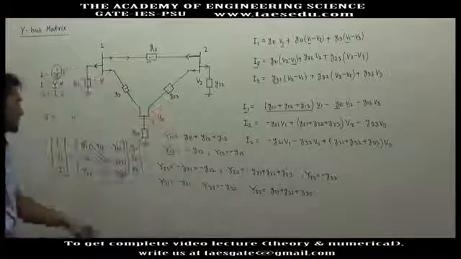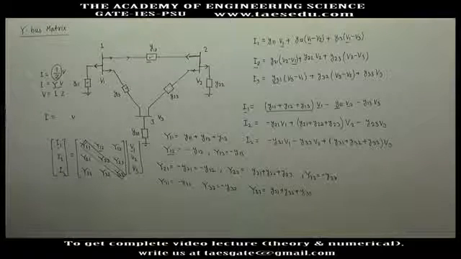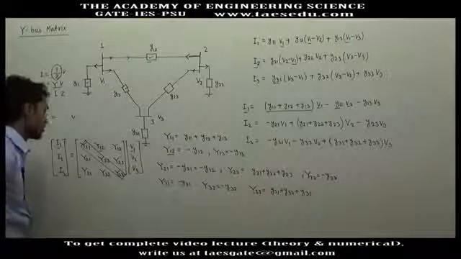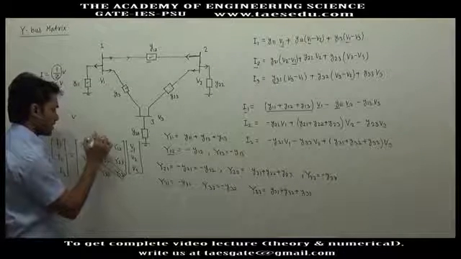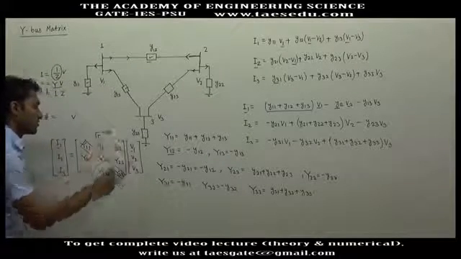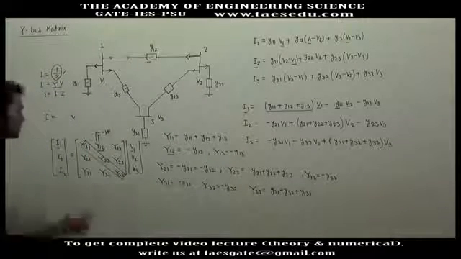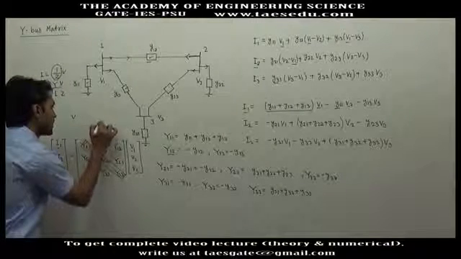So all the diagonal elements are the summation of all the admittances connected to that bus, either through a transmission line or through a shunt. And the non-diagonal elements are just the negative of the admittances. Let's say this is capital Y12, so this will be minus y12.